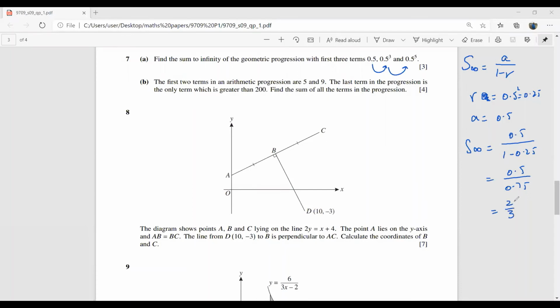Sometimes we are asked why we can find the sum to infinity. Can someone tell us why we can find the sum to infinity? What is the condition for which we can find the sum to infinity? Common ratio less than 1. Yes, you must mention it like this: the common ratio should be less than 1.